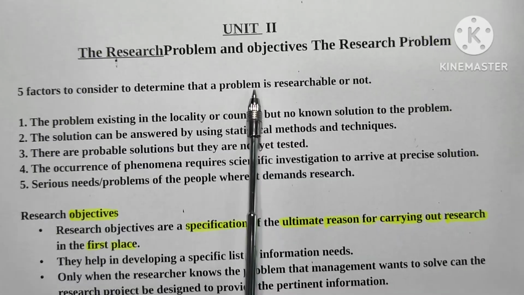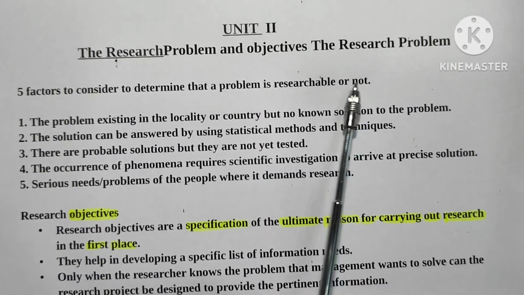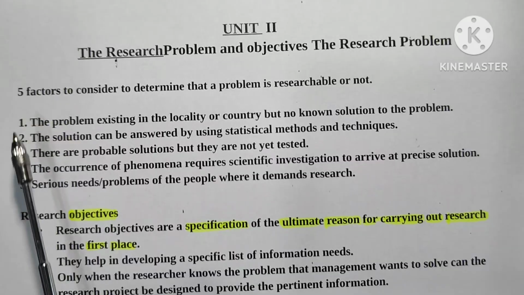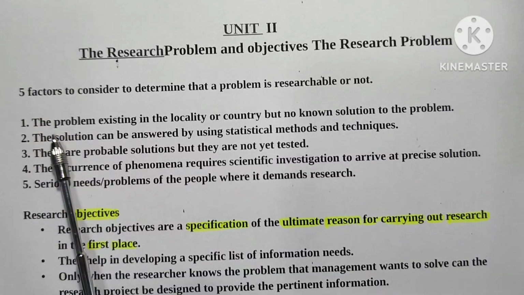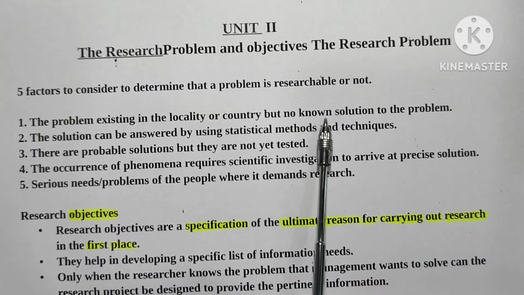Whatever problem or question we want to study, to find out whether it is researchable or not, there are 5 factors. The first is a problem existing in the locality or country, but with no known solution.